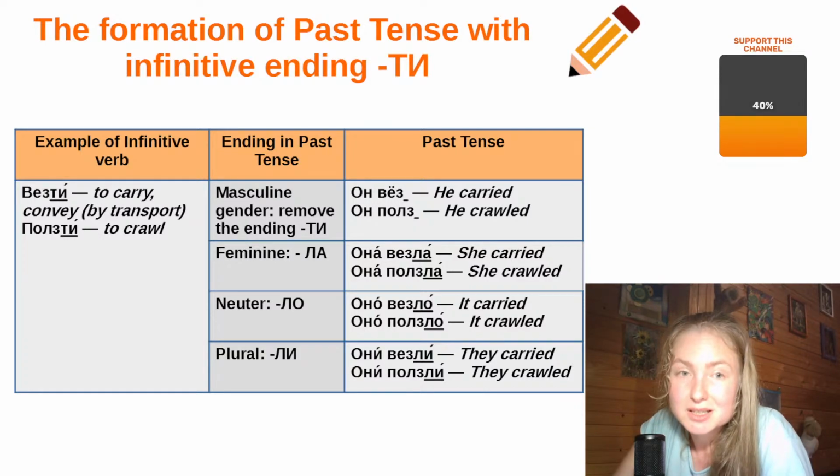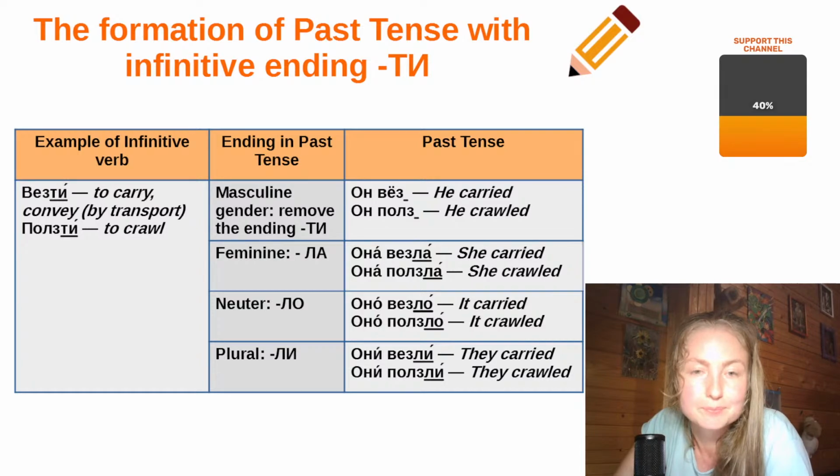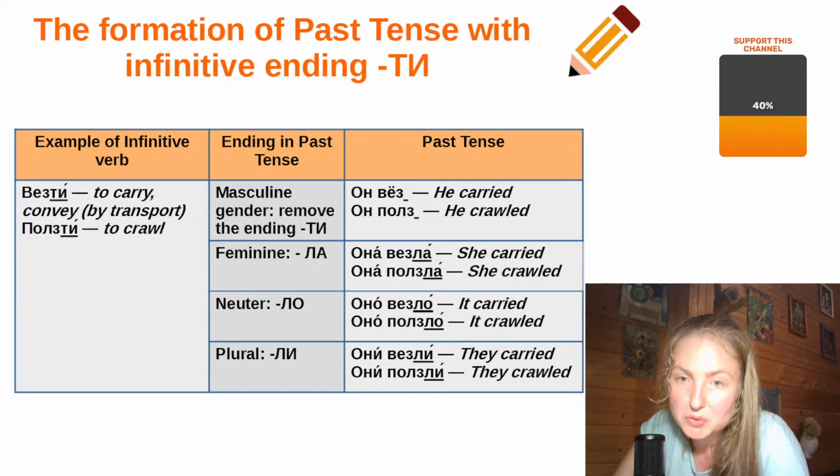For feminine, again, we remove т and we add normal feminine ending ла. Она везла, she carried. Она ползла, she crawled. For neuter, we remove т and add ло, like оно везло, it carried, and оно ползло.